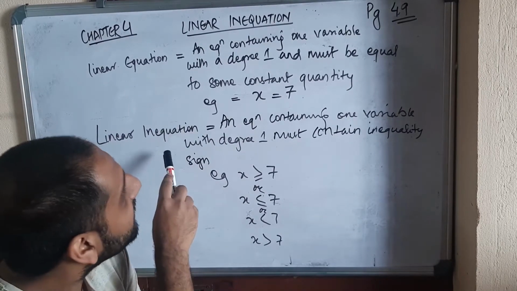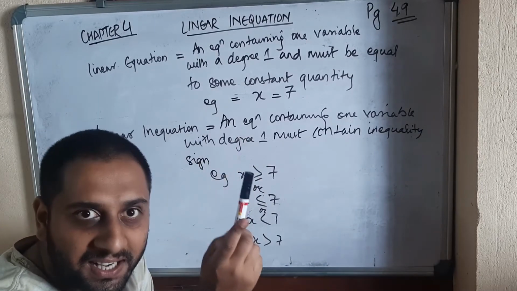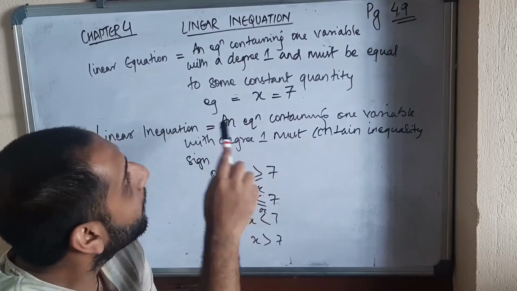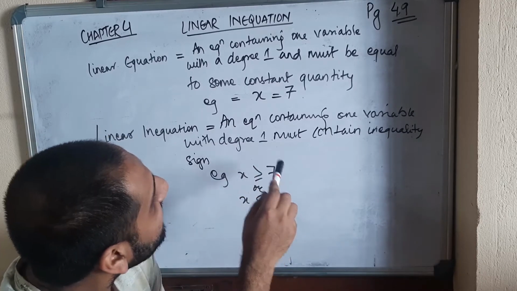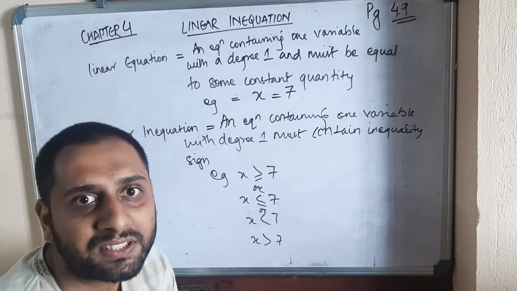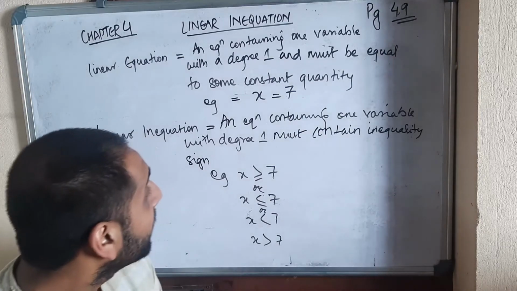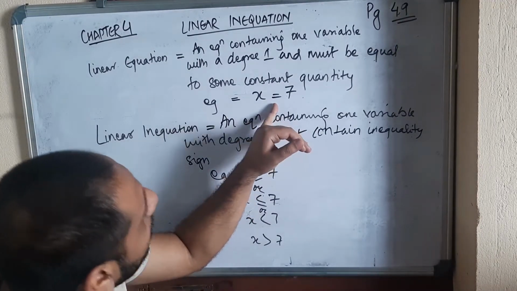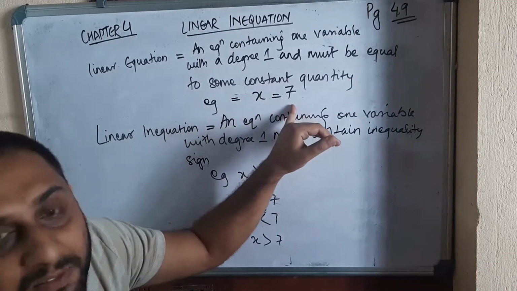Linear inequation means an equation which has a single degree, the same power, and which contains an inequality sign. Inequality means that it is greater than, less than, or greater than or equal to. You will not have an is equals to sign. X equals 7 means the value of x is 7.